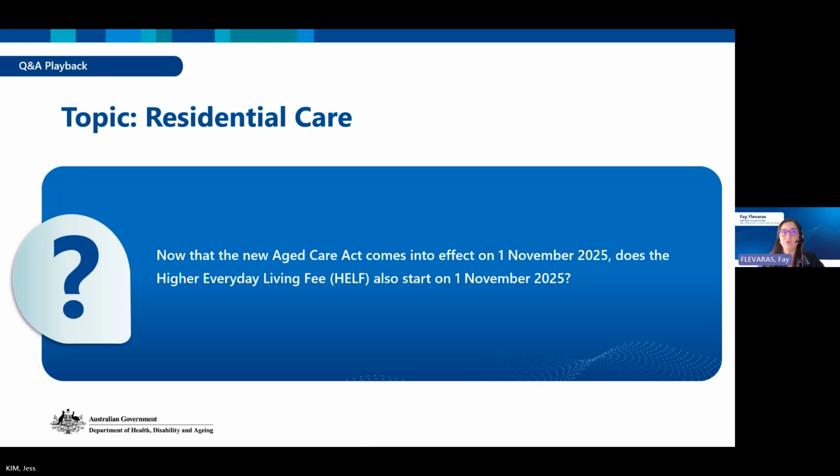The team will drop into the Q&A because I think some people are having a problem accessing the chat, and there's a link that says Understanding Fees for Aged Care Homes, 1st of November 2025 fee arrangements, and it's on our website. So hopefully that answers that question.